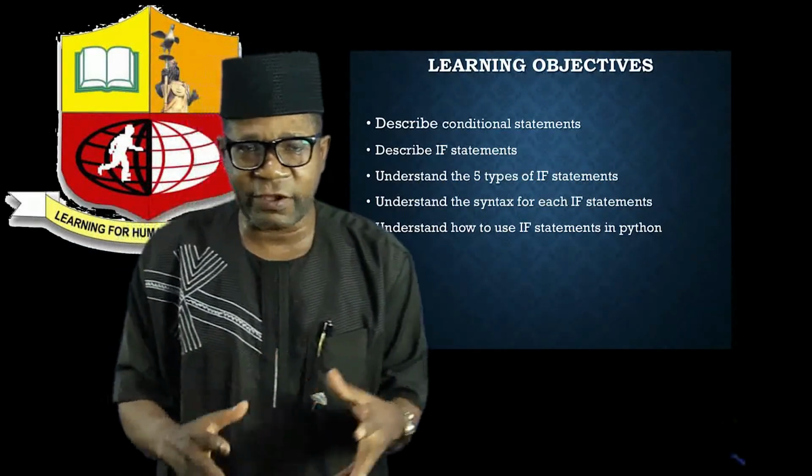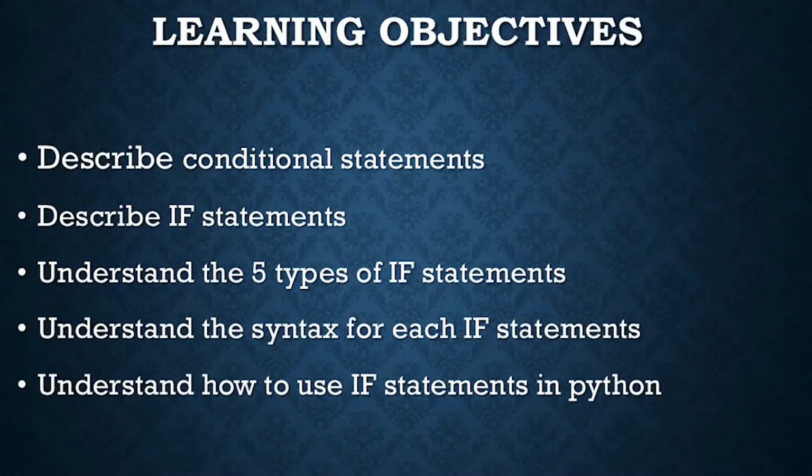That's learning objective 1. The second learning objective is you will be able to describe the if statement. What do we mean by if statement? So at the end of today's class, you'll be able to describe the if statement in the context of Python programming.